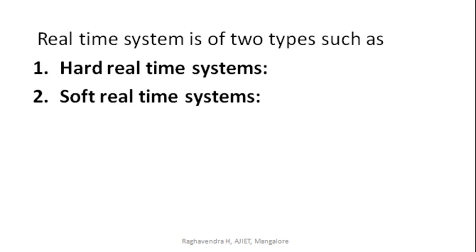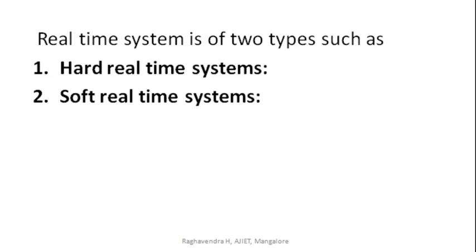Aeroplanes, missile controls, rockets and satellites use hard real-time systems. Within a microsecond it should respond and give the output. It guarantees that the critical task has been completed on time.